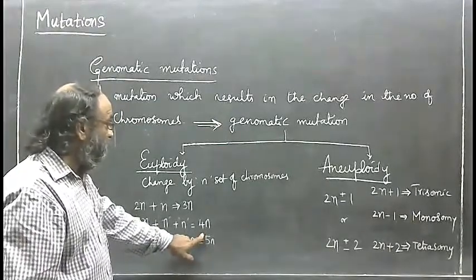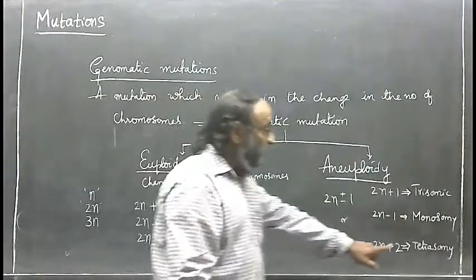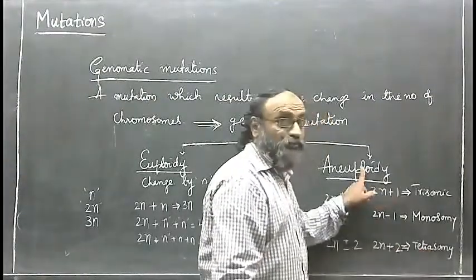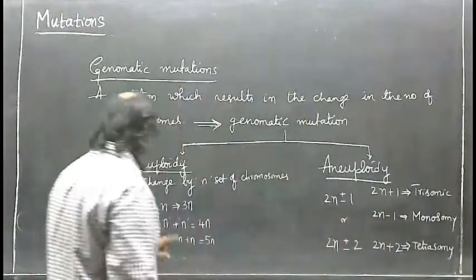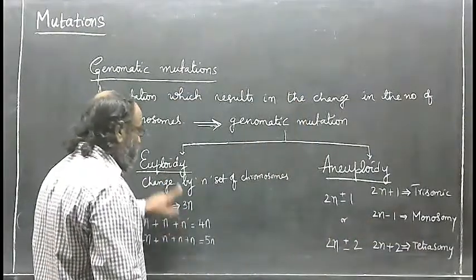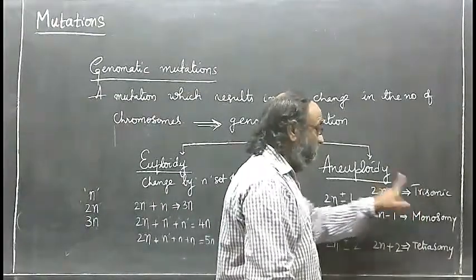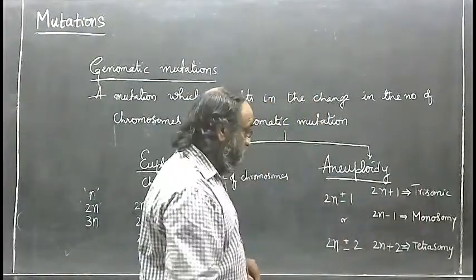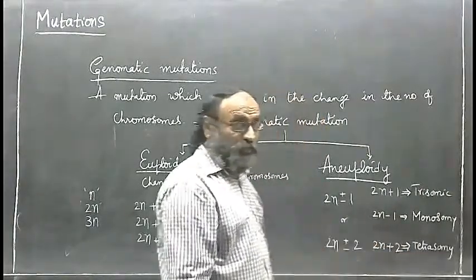Tetraploid is the result of euploidy. Tetrasomic condition is the result of aneuploidy. Don't confuse. Triploid is the result of euploidy. Trisomic is the result of aneuploidy. So 2n plus 2 is tetrasomy.